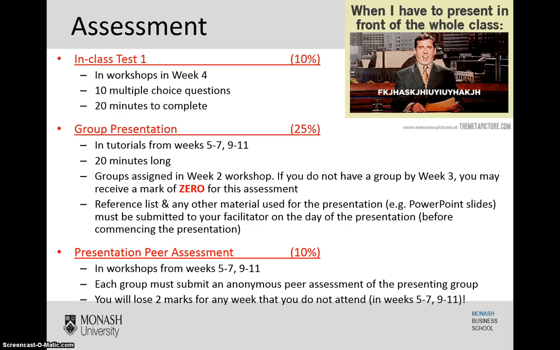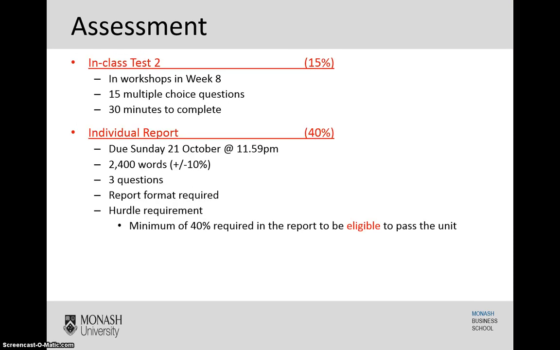So you need to submit an anonymous peer assessment of their presentation, and it is worth 2 marks for each of the 5 weeks that your group will not be presenting. So obviously this means that you're actually losing up to 2 marks for any week that you do not attend between weeks 5 and 7 and 9 to 11. So again, another reason why it's crucial to be actually attending your workshops in that time.